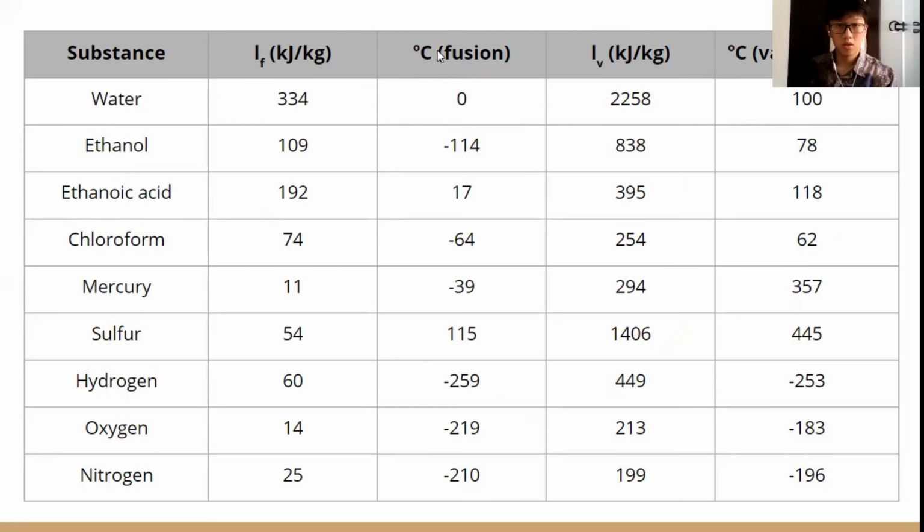The temperature here means that at this temperature, for example, water at 0 degrees Celsius will fuse or melt, and at a temperature of 100 degrees Celsius, water will evaporate. So let's do some problems.